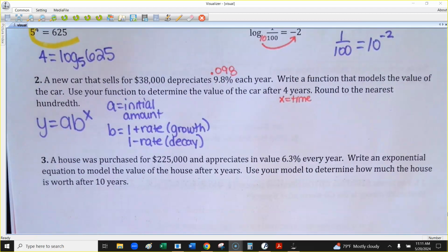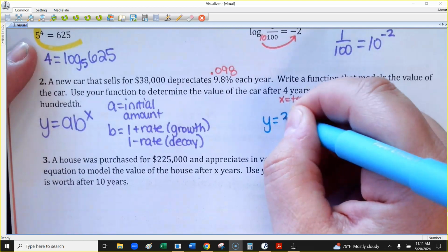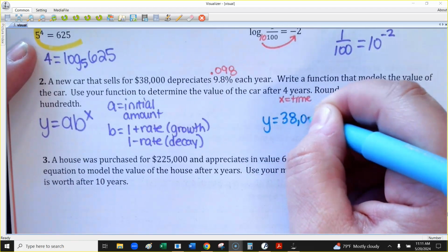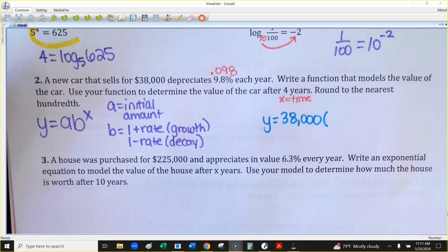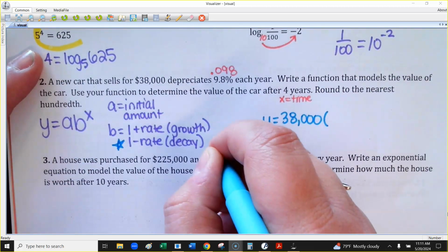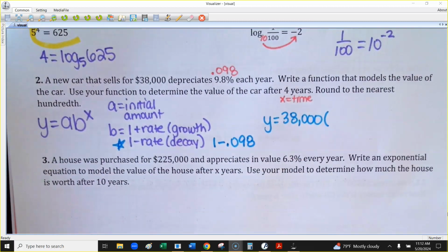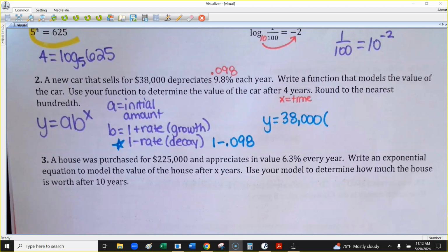So all you have to do here is write y equals what the value of the car would be. We're going to do 38,000, that's what you paid for initially. So if it depreciates in value, it goes down. So it's 1 minus 0.098.